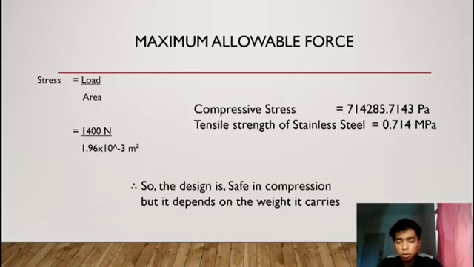Assalamualaikum warahmatullahi wabarakatuh. My name is Abdul Rahim bin Rozaimi, matrix number B0921100013. I'm from BMMH S1/1. So I'm going to talk about the maximum allowable force for this structure. To calculate the maximum allowable force, we need to first calculate the stress of the structure using load over area.